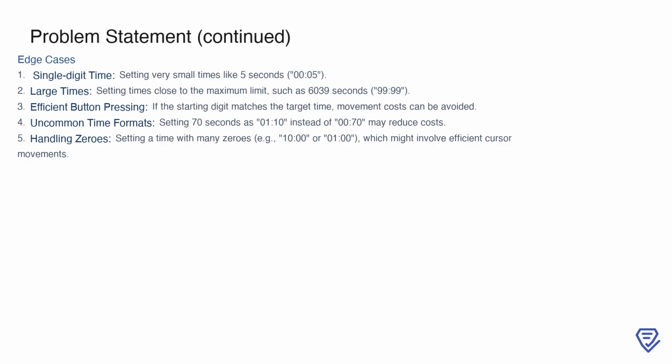Another case involves starting with a digit that matches part of the target time, which can save movement costs. Additionally, representing times like 70 seconds as 1:10 instead of 00:70 can be more efficient. Finally, setting times with many zeros, such as 10:00 or 1:00, may require strategic cursor movements to minimize costs. These scenarios highlight the need for a robust approach that handles both typical and uncommon cases effectively.